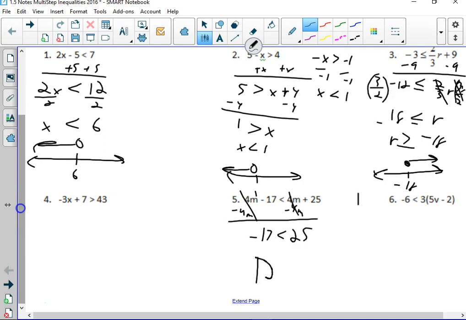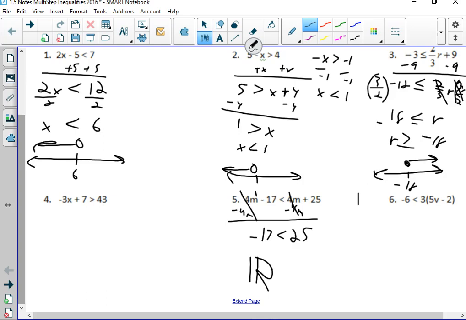If I get a true statement, my answer is all real numbers. Because no matter what number I put in for m, it'll work out being true. Let's put in 0. I get that. If I put in 1, I get a true statement. No matter what I put in, I'll get a true statement.